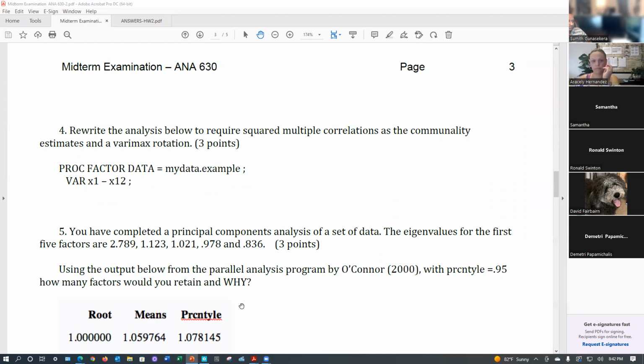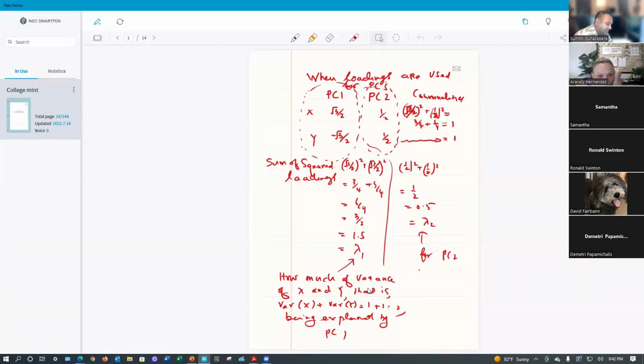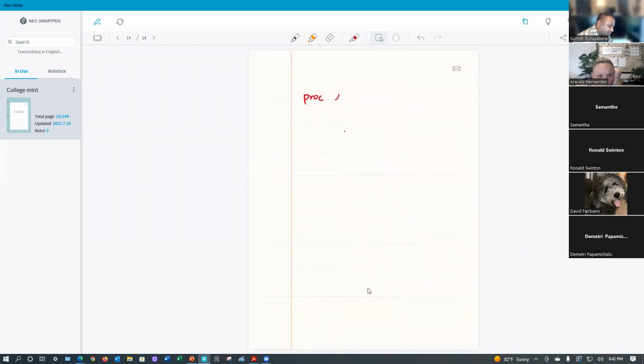Rewrite the analysis to require squared multiple correlation as the communality estimate and the Varimax rotation. These two: SMC. For priors, you're going to put the SMC, and then rotate. I'm going to write it here for you. Proc factor, and the data. What's the name of the data? It's my data dot example.